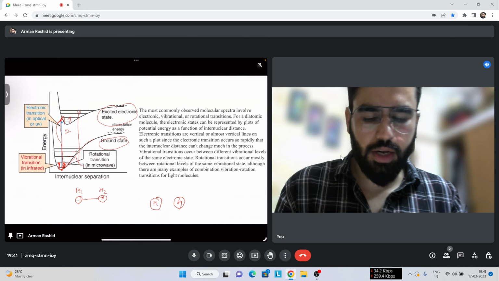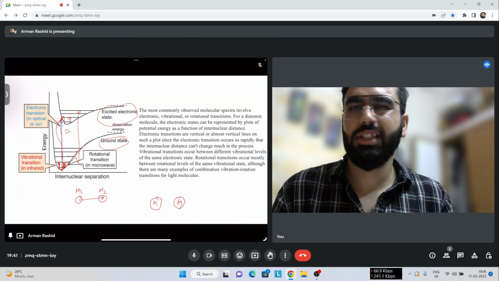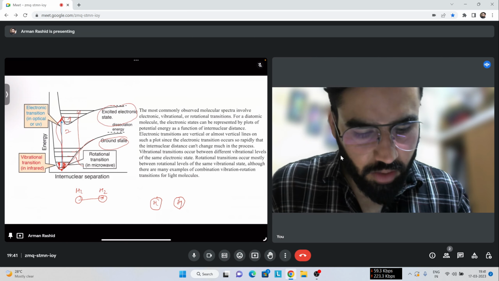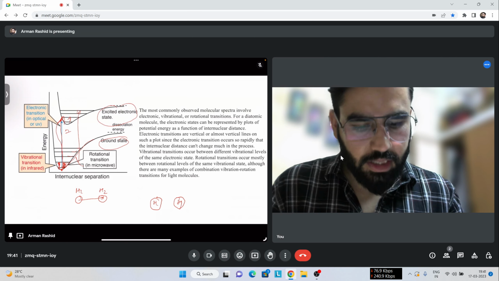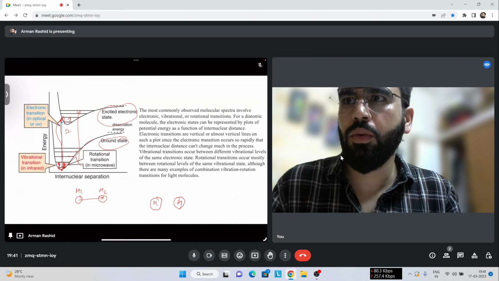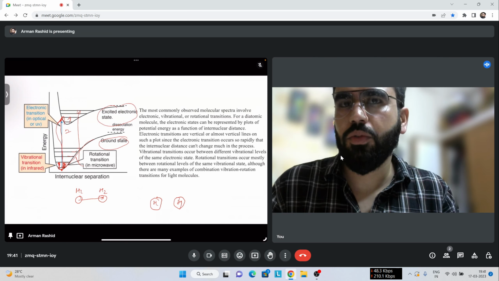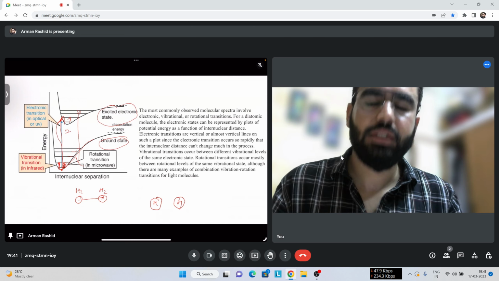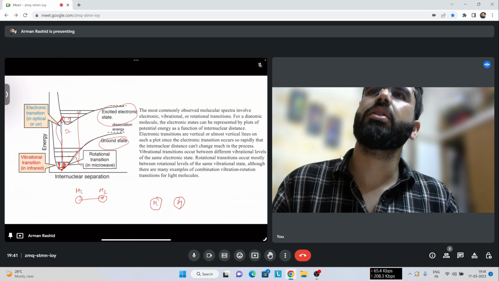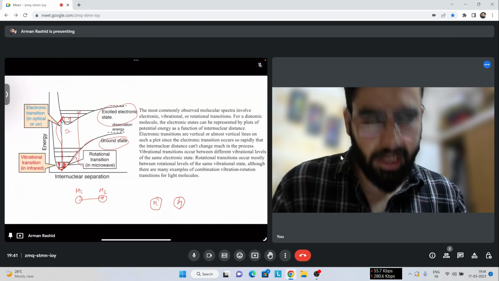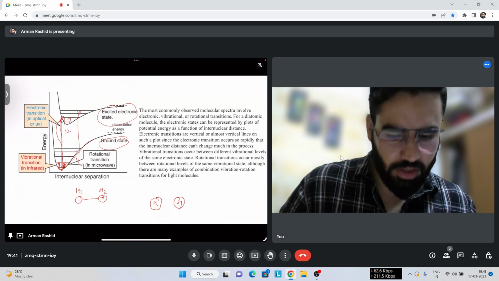This is the Franck-Condon principle: electronic transitions are always vertical because the transition happens so fast that the nucleus doesn't have time to relax. First the electronic transition happens, then the nucleus relaxes. As a result, once we excite a molecule, it remains in an excited state, then comes down through relaxation.